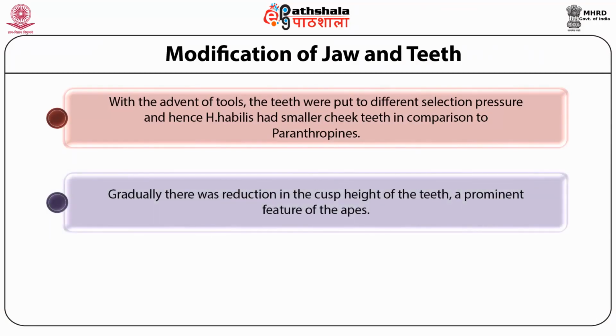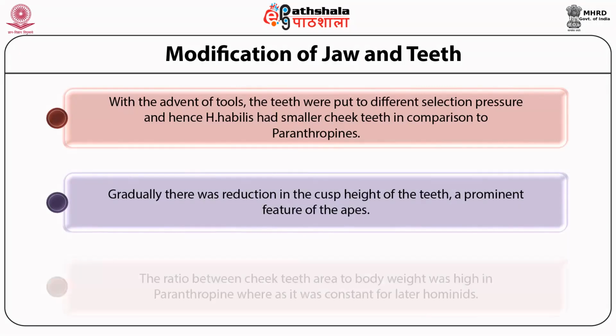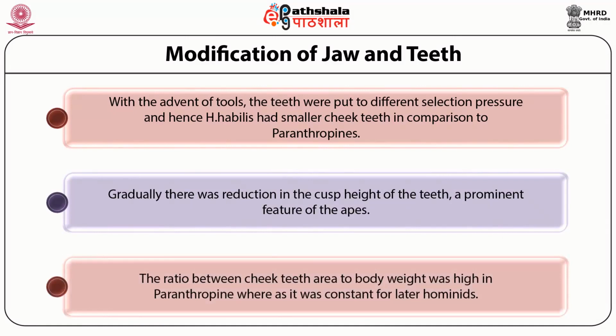Gradually, there is a reduction in the cusp height of the teeth, a prominent feature of the apes. The ratio between cheek teeth area and body weight was high in paranthropines, whereas it is constant for later hominids.